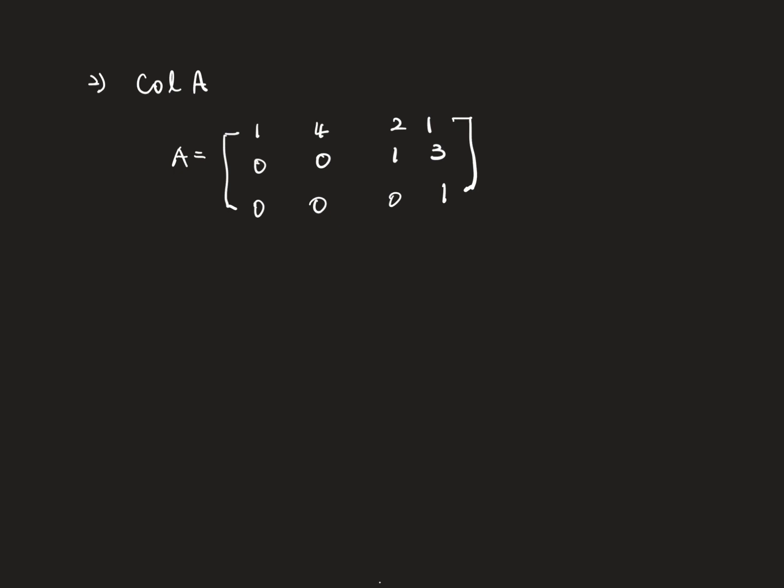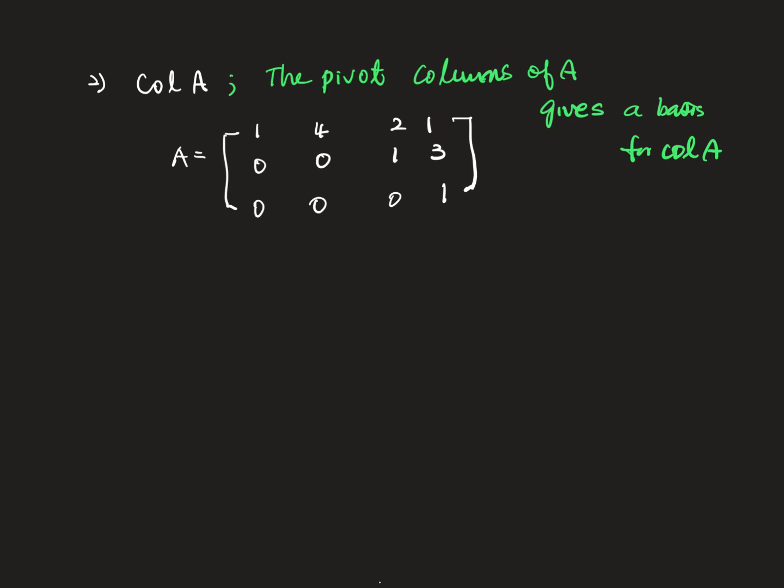If you review the theorem, the column space of A is given by the pivot columns. The pivot columns of A give the basis for the column space of A. Let's check what we did in the previous slides. Here is a pivot column, here is a pivot column, right? The second is not, that's the free variable. We found the one free variable. This one is a pivot column. Why? Because this one is the pivot.